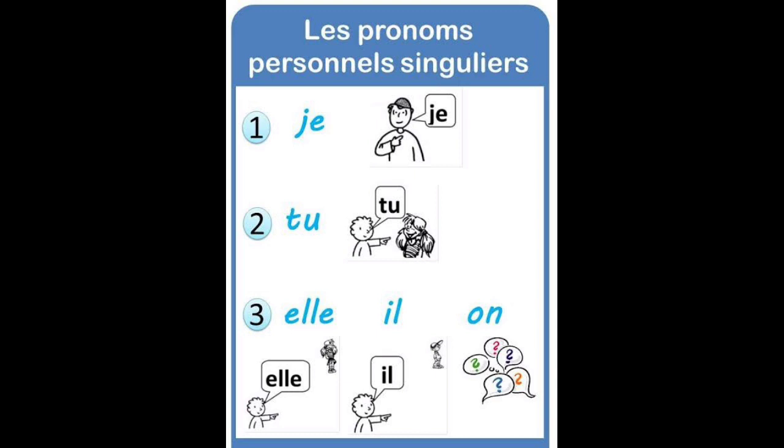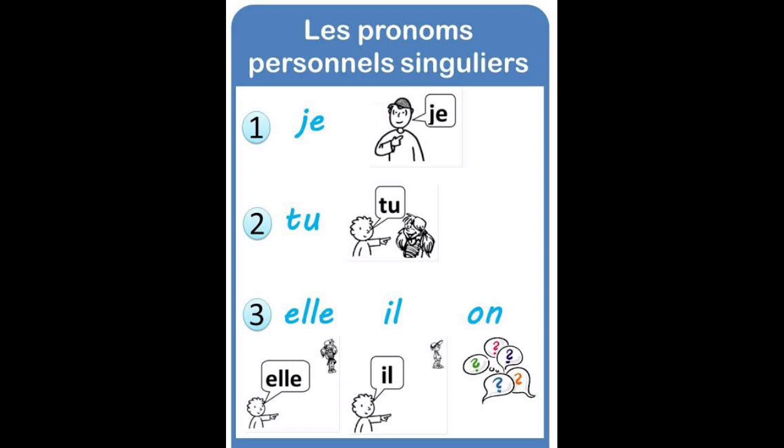In French, there are 6 pronouns, 3 for singular and 3 for plural. Those of singular are named as first person, second person, and third person. As you see in the photo, we have 3 pronouns.